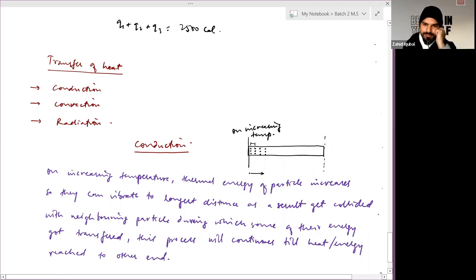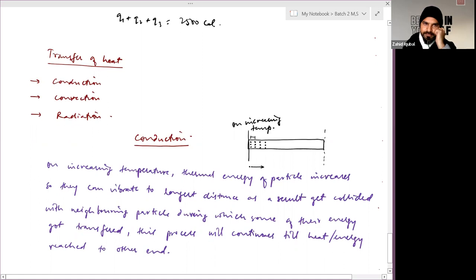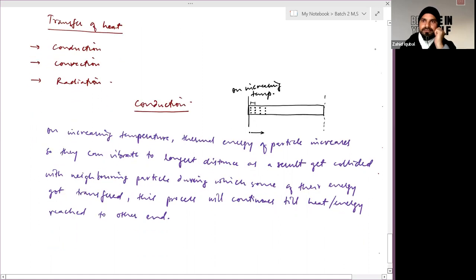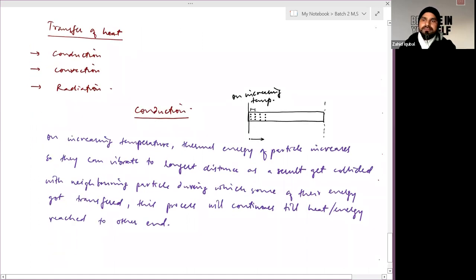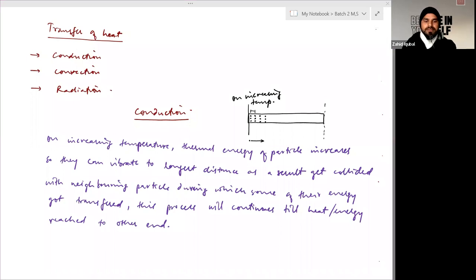Sakshi, is it clear? Let's write it down. Done, sir.